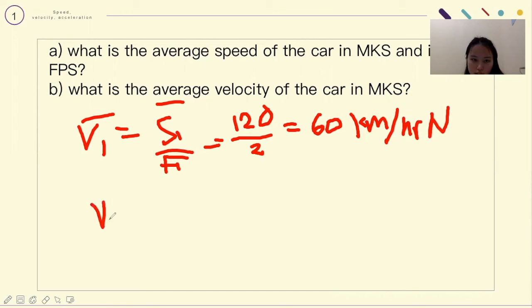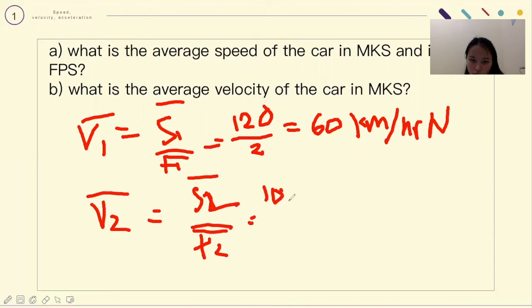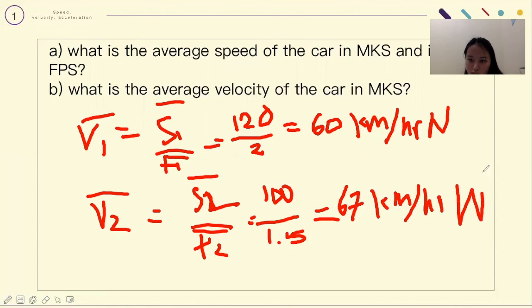Then find the second average velocity: 100 divided by 1.5, and you will get 67 kilometers per hour west.